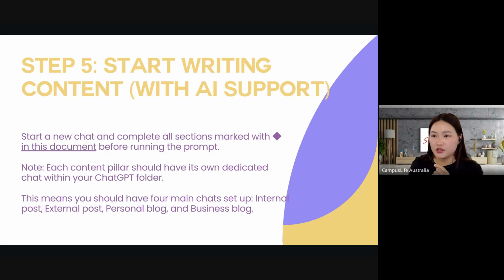And similarly for yourself, you should have 4 main chats as well. You can have more chats if you have other projects that you want to work on. For example, website copy. If there is any newsletter copy you need to create, they can be in a separate chat. But my point is that each of the content pillars or each of the chats should have its own dedicated file, so that when you jump in and continue the chat, it's always there for you.